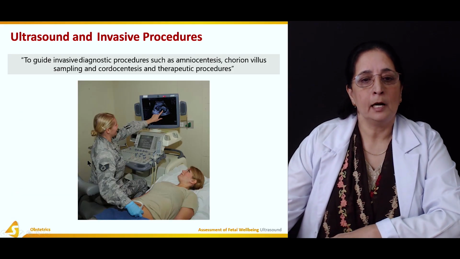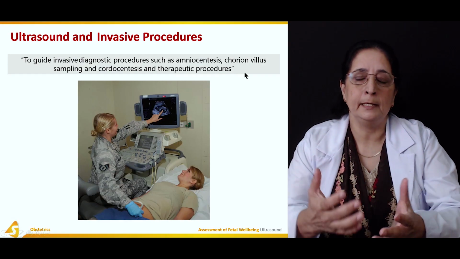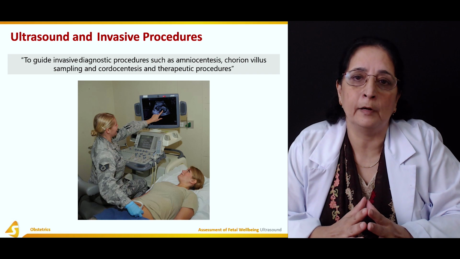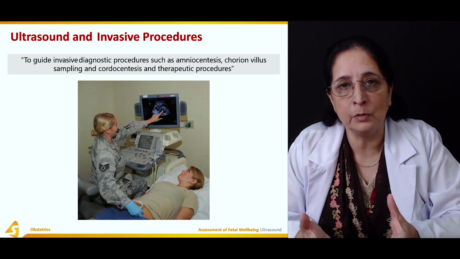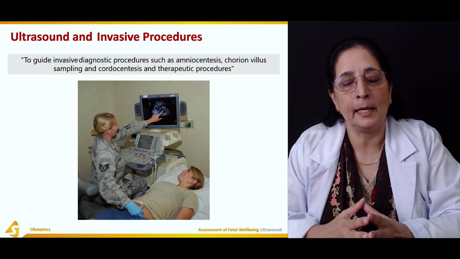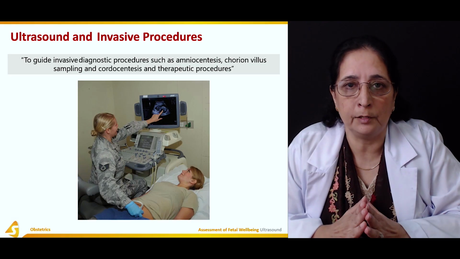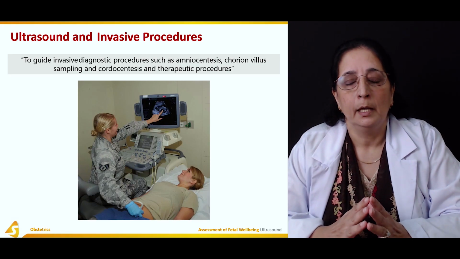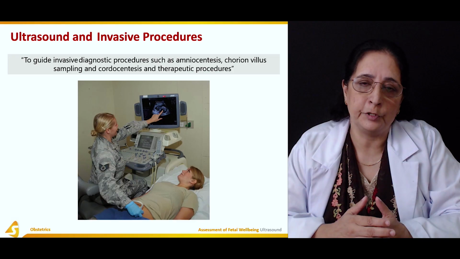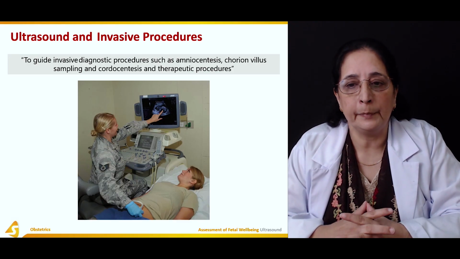Next is ultrasound and invasive procedures. Besides the use of ultrasound for diagnosing different conditions and abnormalities, the other very important use of ultrasound is during invasive procedures. Ultrasound is used to avoid complications.